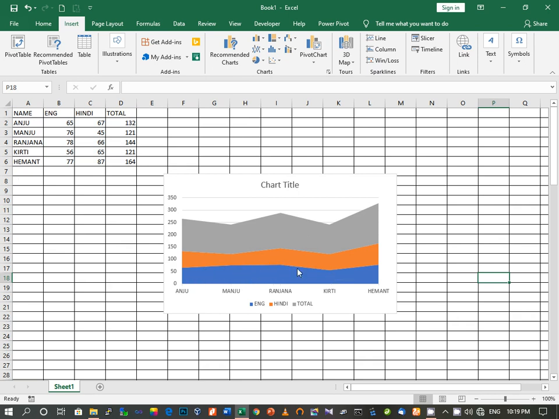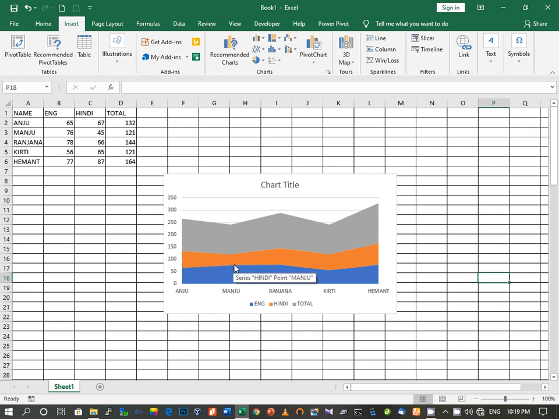So let's understand this. Here the name is there, here the marks are there. Again the blue line is for English marks, orange for Hindi, and then gray for total. Now Anju got 65, so this is used to represent 65. Then Manju got 76, so there is a slight increase, this is going up.